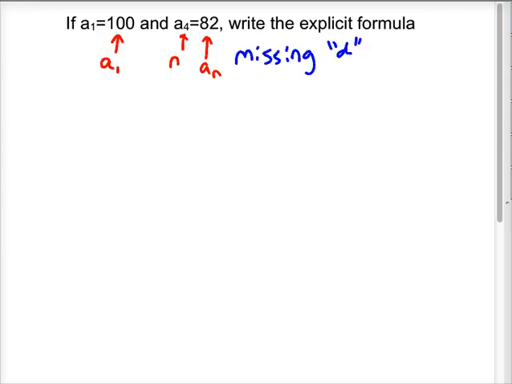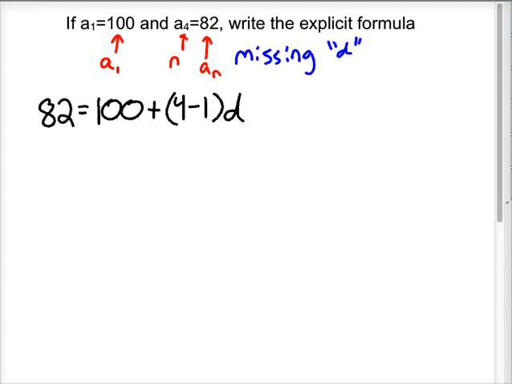So I'm going to use my explicit formula to find my d. That's going to be my first step. I take that future term, that 82, and it equals A1, which is 100, plus n minus 1 times d. In this case, I know what n is because I'm using this to find d.